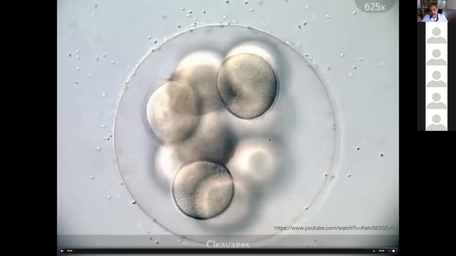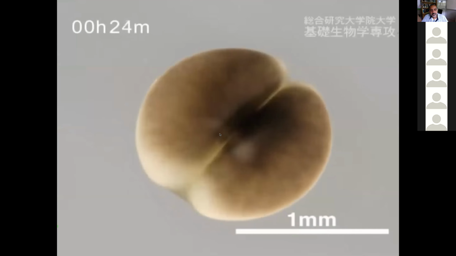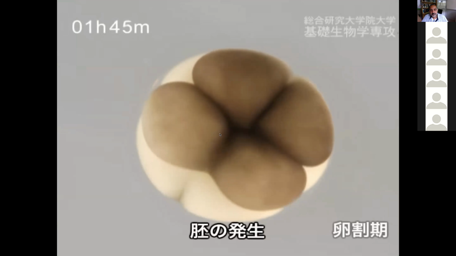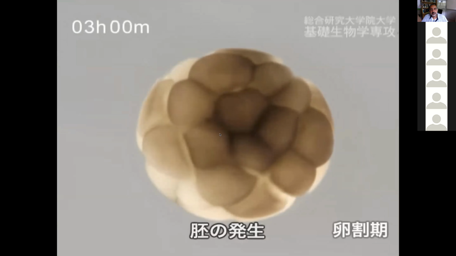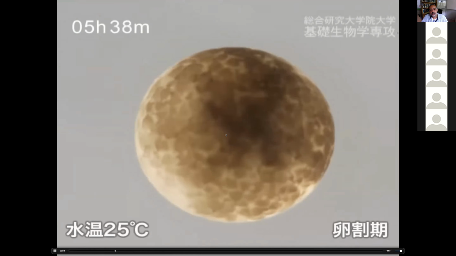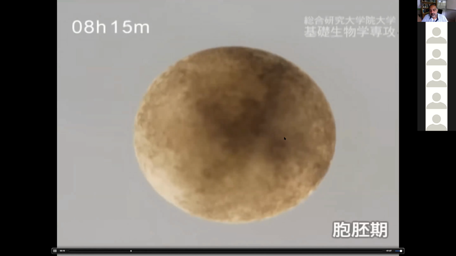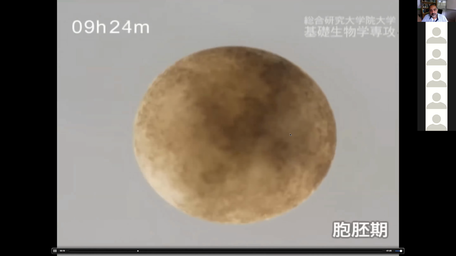Here the sea urchin has a very regular cleavage. This is from the National Institute for Basic Biology in Okazaki in Japan. And you can see here Xenopus cleavage as well. So it's regular, but then becomes deregularized at some point, as we've talked about earlier.